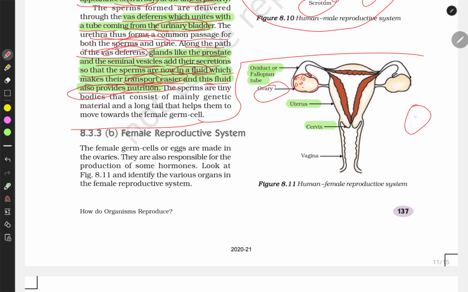So most of the egg cells are developed here. We will study this in our 12th class. The 12th class has a better explanation of this.